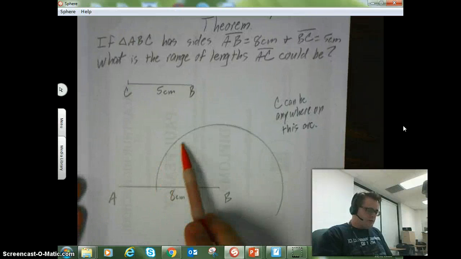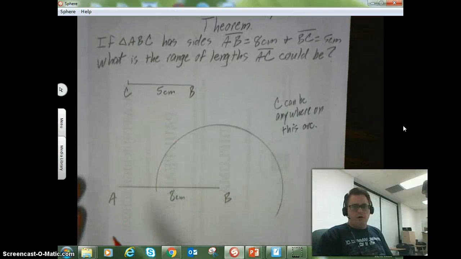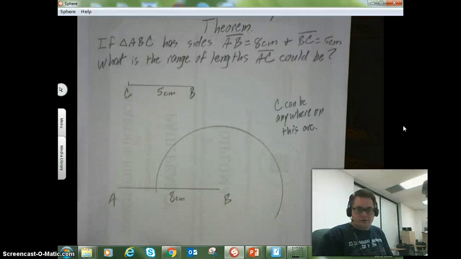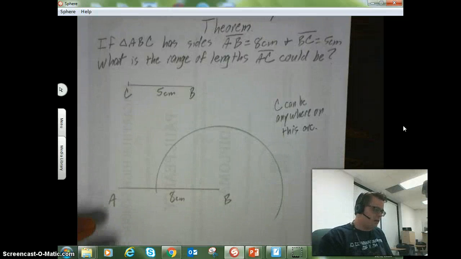So C can be anywhere on this circumference, and this is how we're going to demonstrate what the lengths of the third side could be.